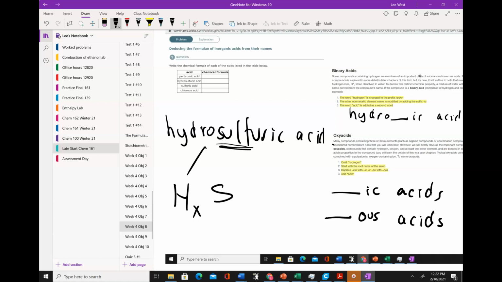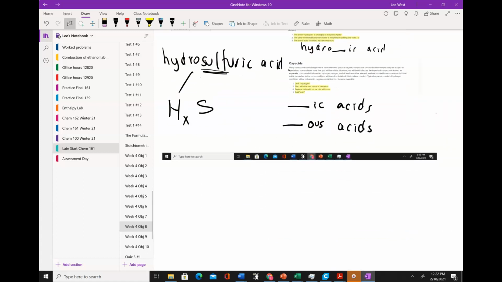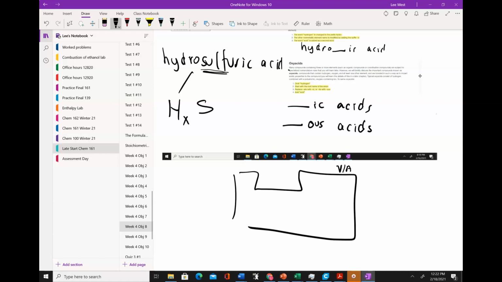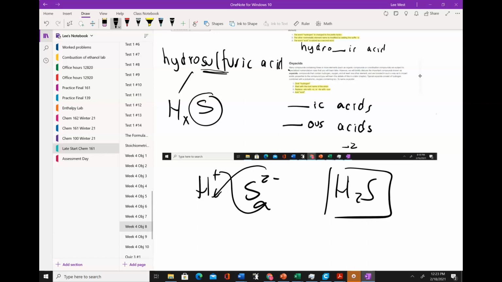All right. So what I need to do now is think, what is the charge on the sulfide anion? And sulfur is over in group 6A, sits underneath oxygen, which means it is -2. So the sulfur in here should be considered as being the sulfide anion, S2-, and so that means I'm going to need 2 hydrogens to get that to balance out.